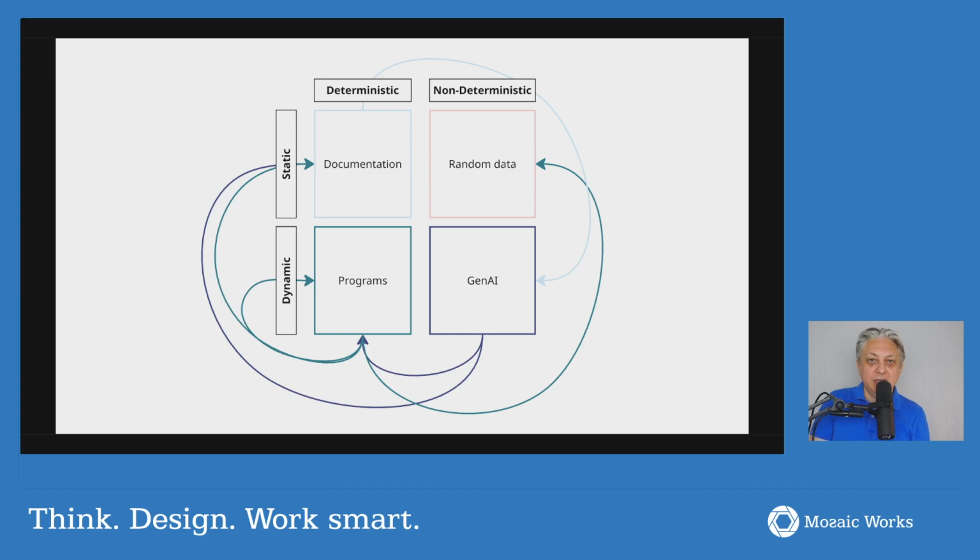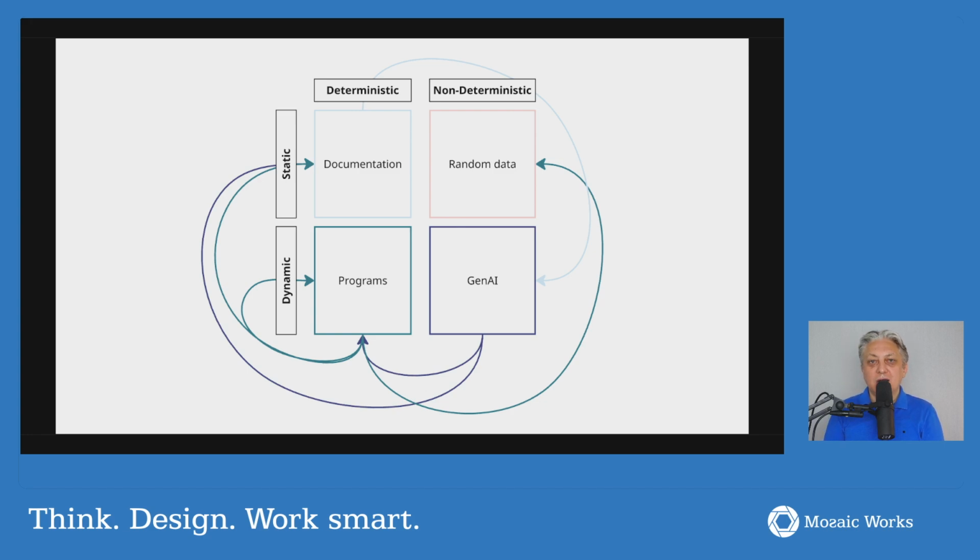So now what is the interesting part? The interesting part is that we can switch from the non-deterministic side to the deterministic side in two ways. On the line, we can use GenAI to generate code, or on the diagonal, we can use GenAI to generate documentation.